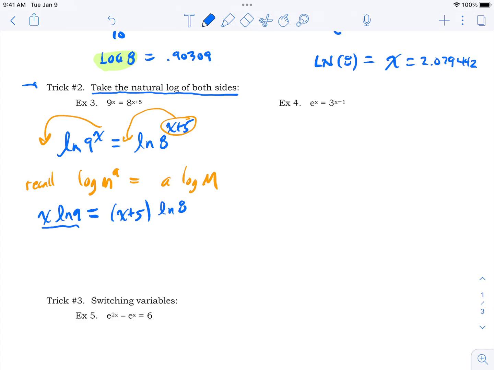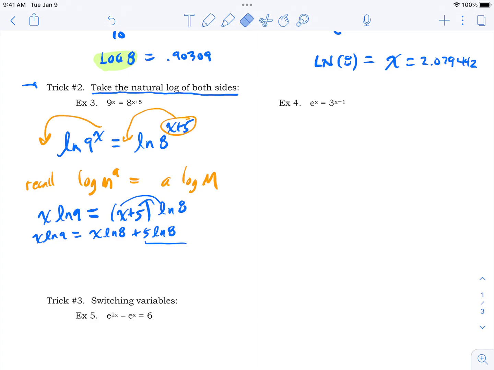It's not a 2x, it's not a 3x, it's a log 9 times x, but it's an x term. On the other side of the equation, I should really distribute this out here. So x times the log of 8, which again is just some number times x, right? It looks funky, but it's just some number times x. And then I got plus 5 log of 8, which looks funky as well, but that's just some number, right? You can punch 5 times log 8 equals point whatever the heck it is.